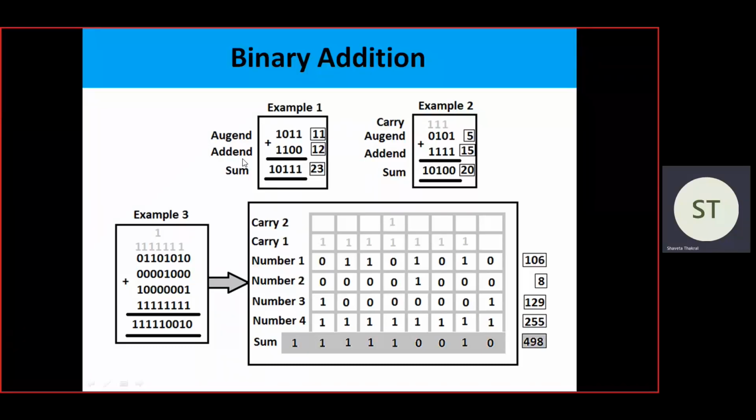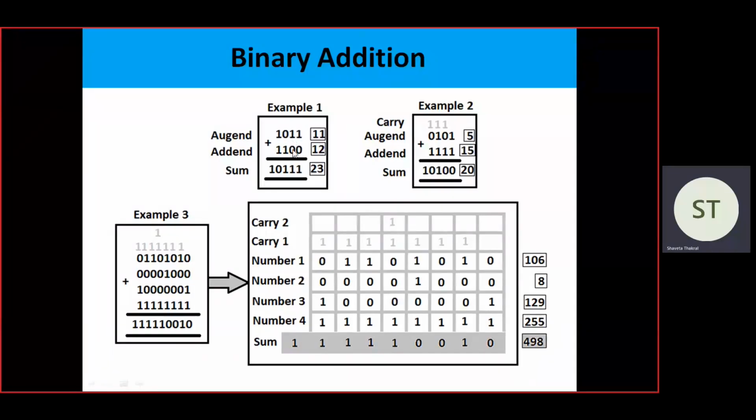So how to add these two numbers? We start adding the numbers bit by bit, starting from the least significant bits. First we add 1 with 0. We have discussed that 1 plus 0 gives sum 1 and there is no carry.